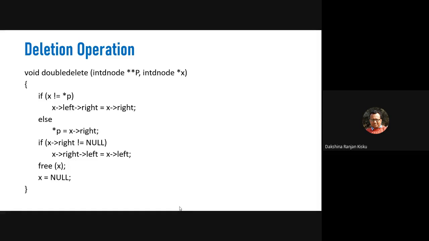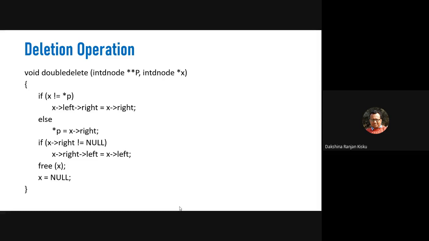Now we are saying if x not equals p, that means x is not the first node in the doubly linked list, then we make x left right equals x right. What is x left right?